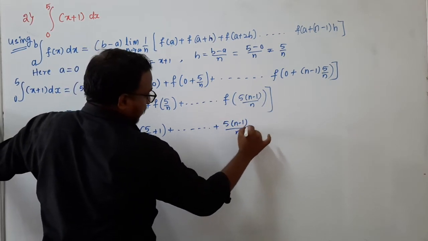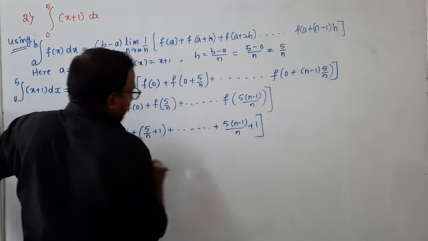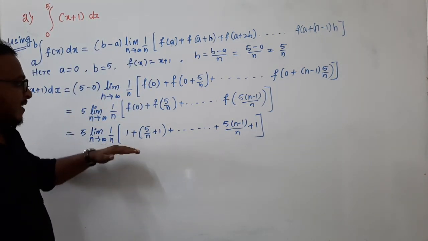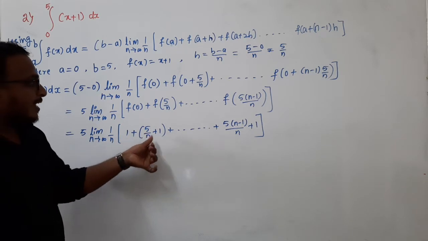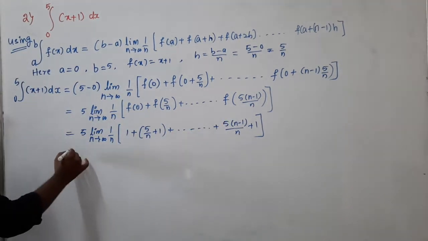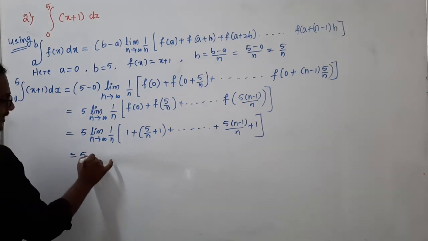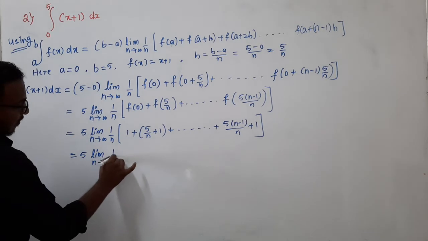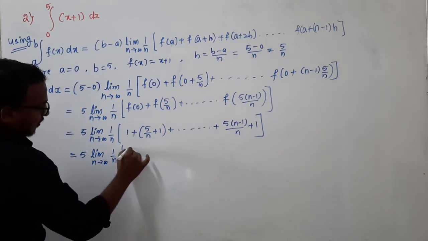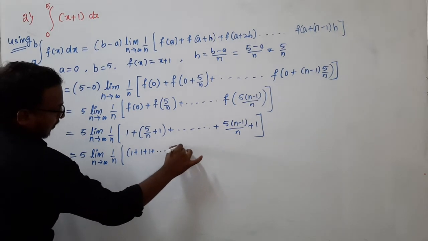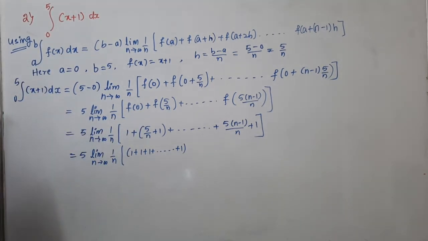Observe this equation. In this one, 1 plus 5 by n plus 1, every time 1 is repeating. So I am taking all the 1s to one side, that is limit n tends to infinity, 1 by n into 1 plus 1 plus 1 up to plus 1. At the last we got a 1.